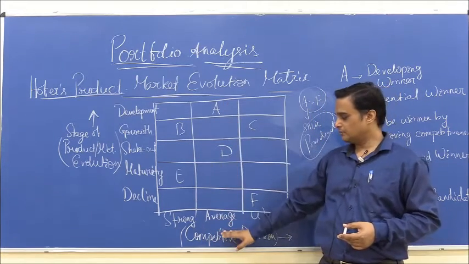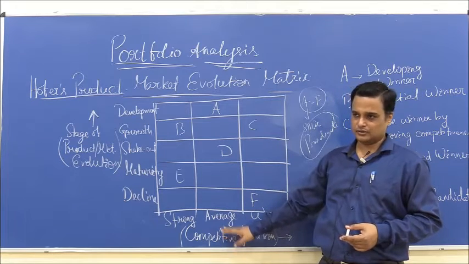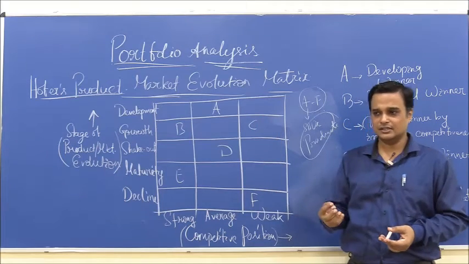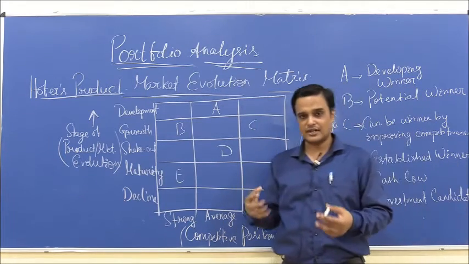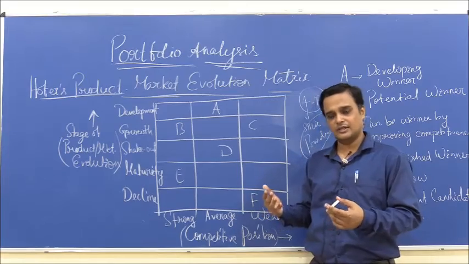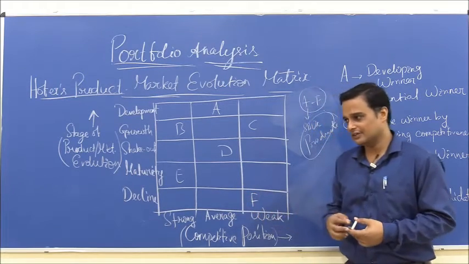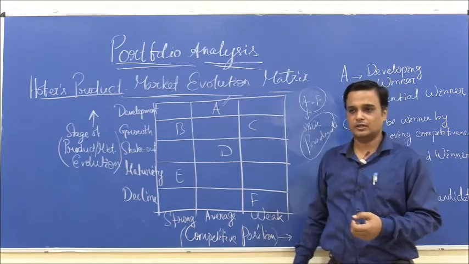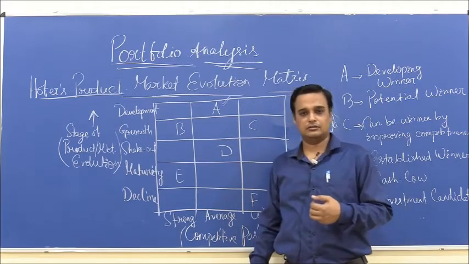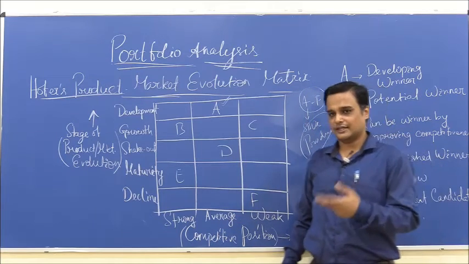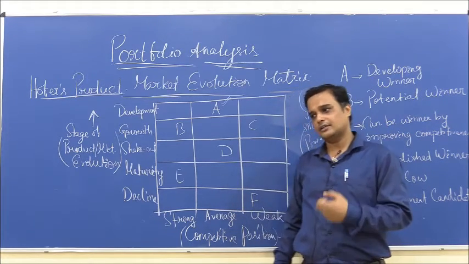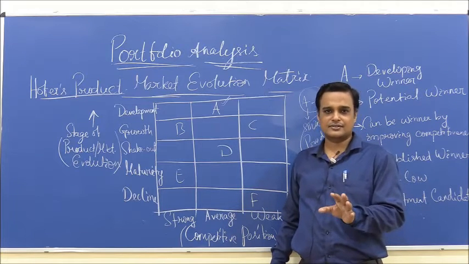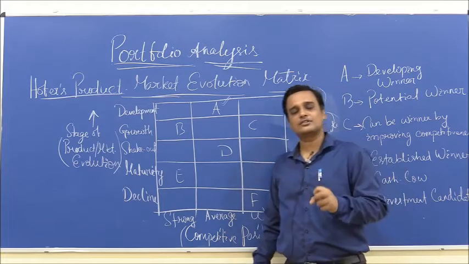Its competitive position is average, it is not bad, it is not very good, and there could be reasons. Probably A has launched only recently, as the market has just started developing. So, the brand A is a new entrant. It might not be the pioneer, it might not be the first in the market, but it definitely hasn't lost a lot of the first mover advantage. It still has been able to gather some market share.